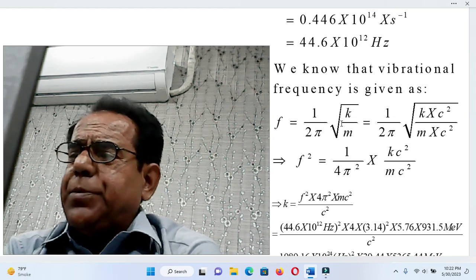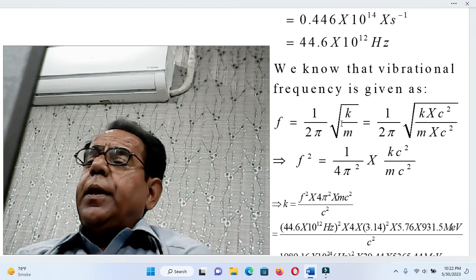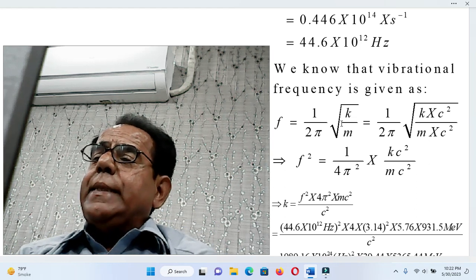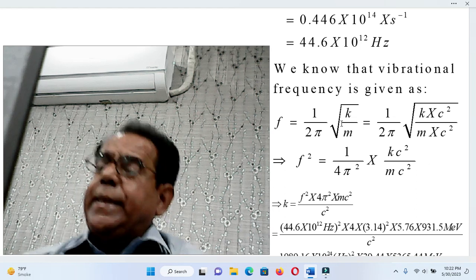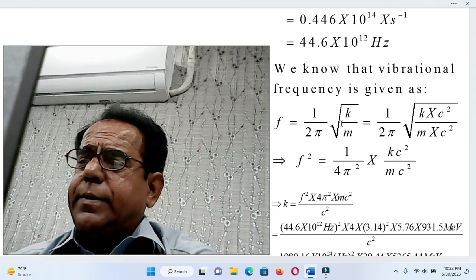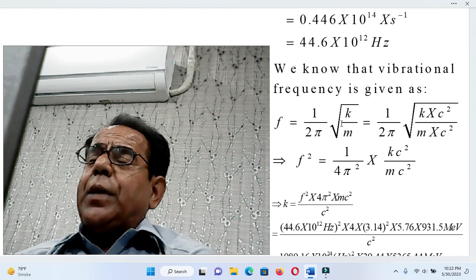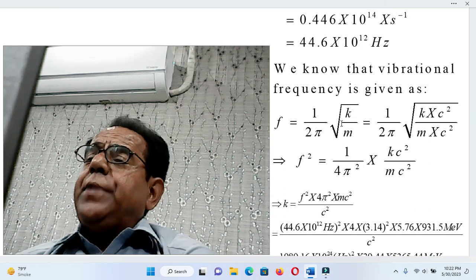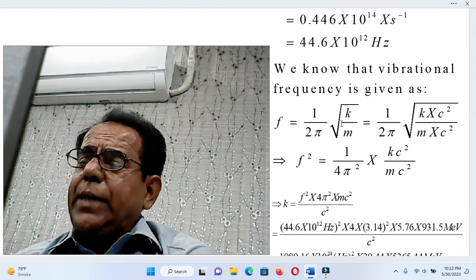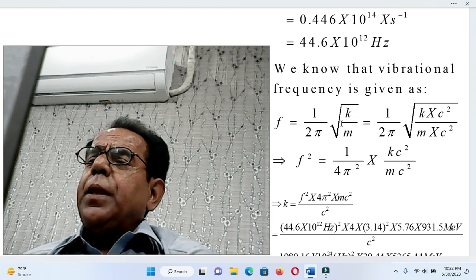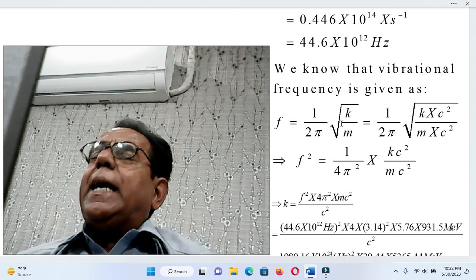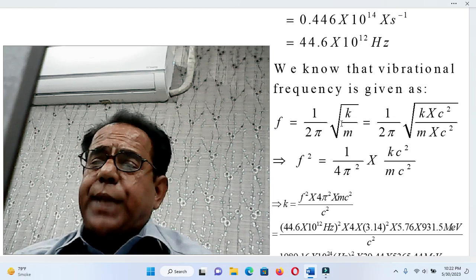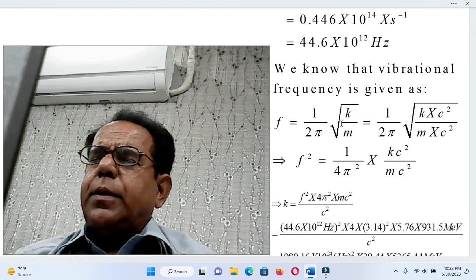This alternatively becomes equal to 1 over 2 pi into, dear students, we have multiplied and divided by c square this expression within the under root. In other words, we have multiplied and divided by c outside the under root.